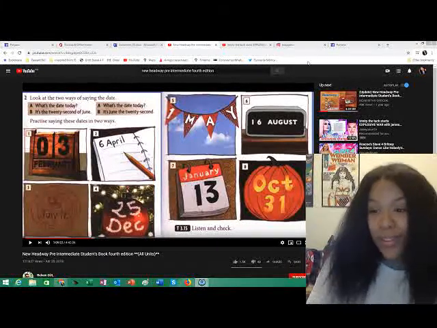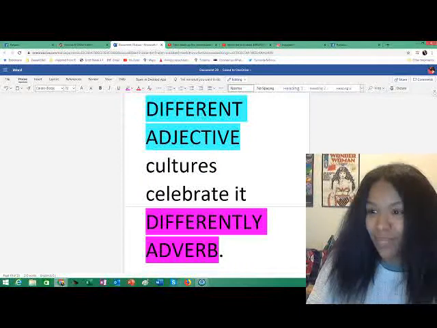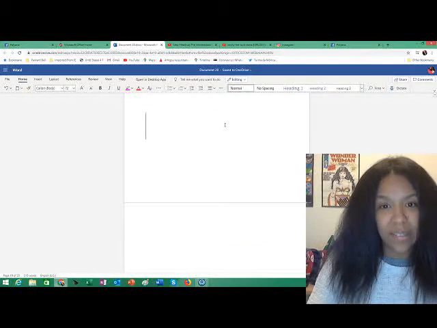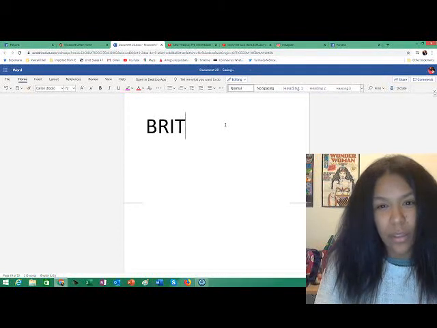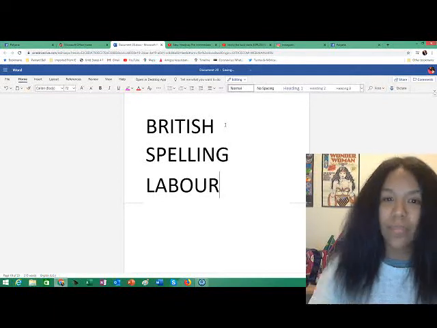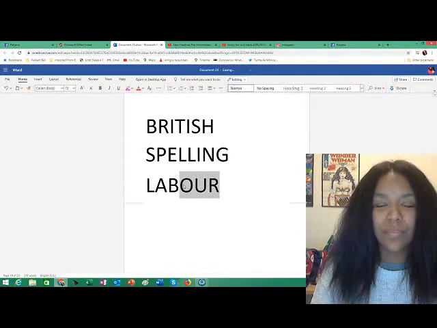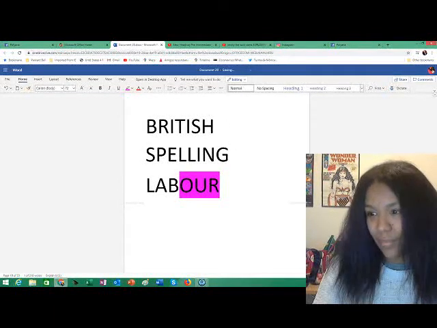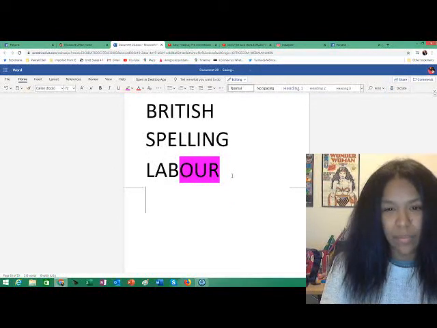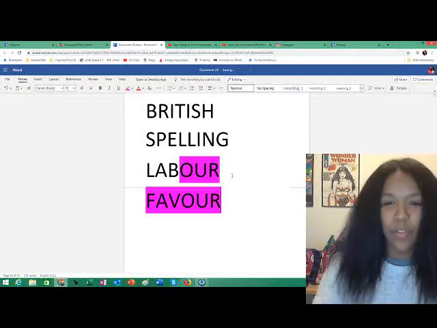Spelling of the word labor. We often talk about different spellings. The British spelling of the word labor. Other examples of British spelling here. Favor.